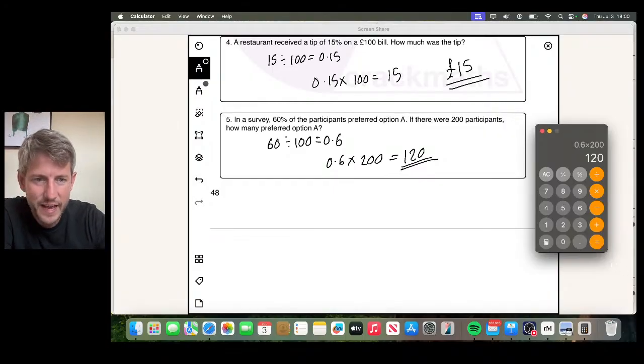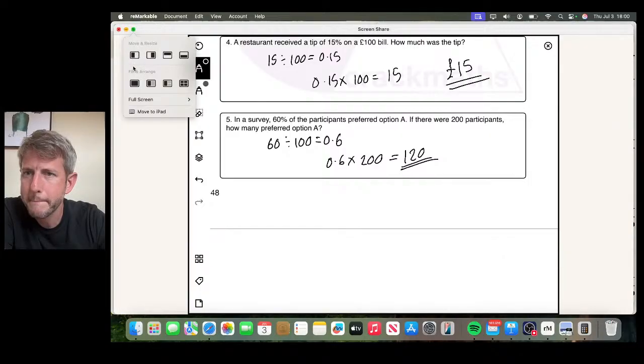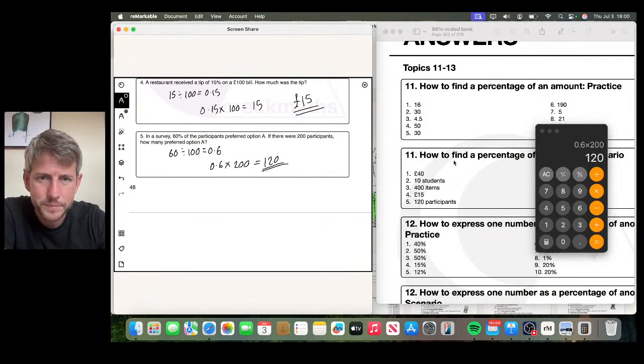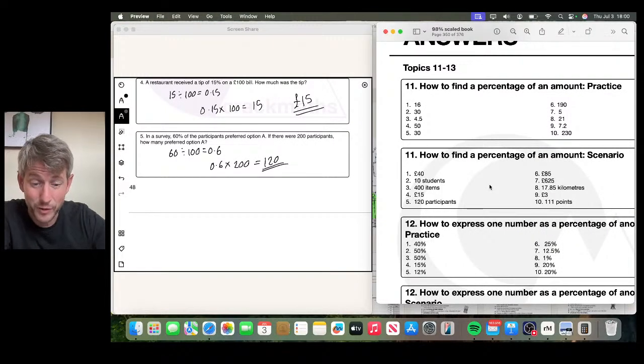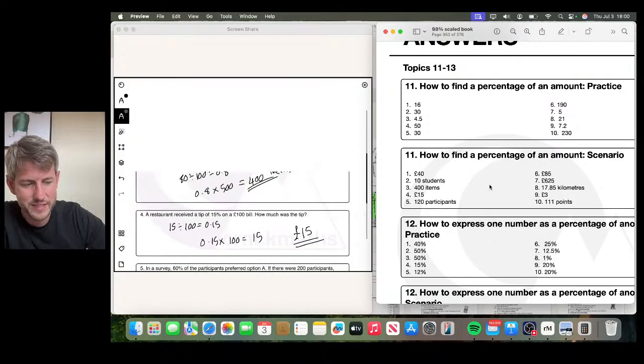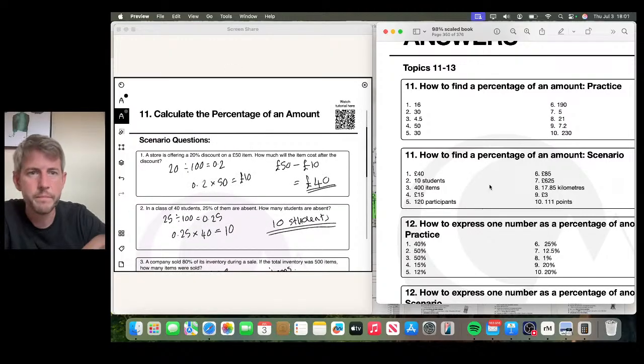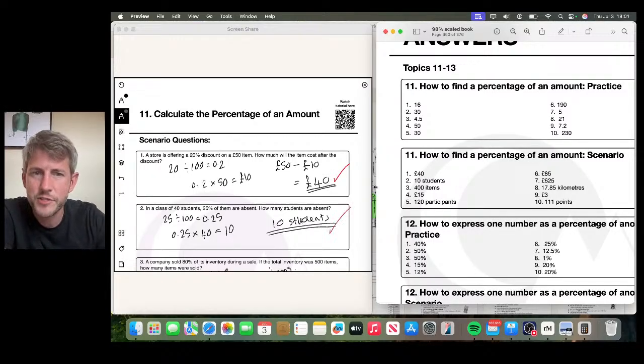Okay, so let's now get this marked. So I can go up here. And let's move that back over here. Here we go, we've got the mark scheme. Well, we've got the answers that I got earlier, so we're checking if they're correct by just double checking them. So here we go. Number 1 says £40. Number 2 says 10 students.